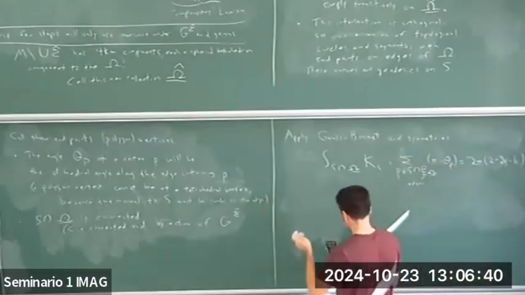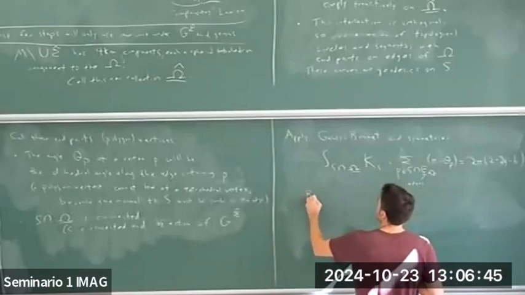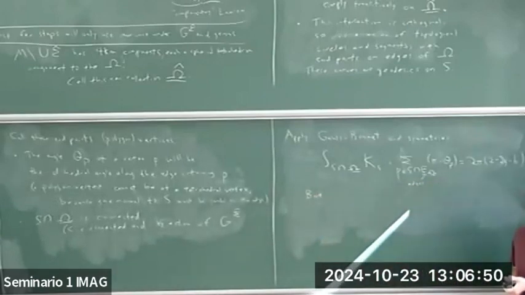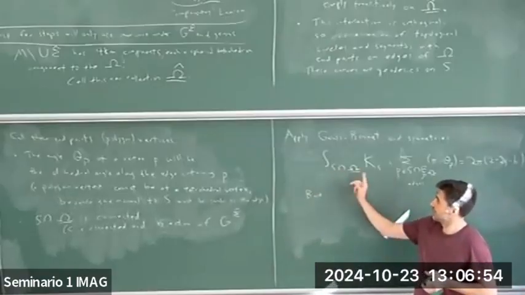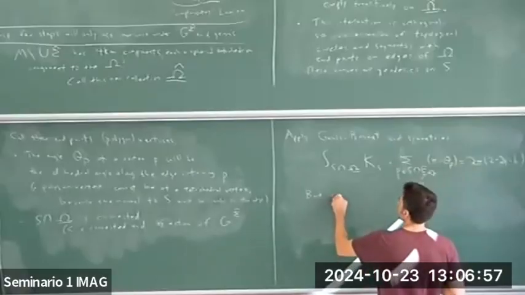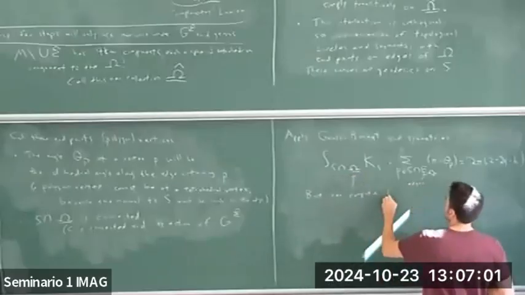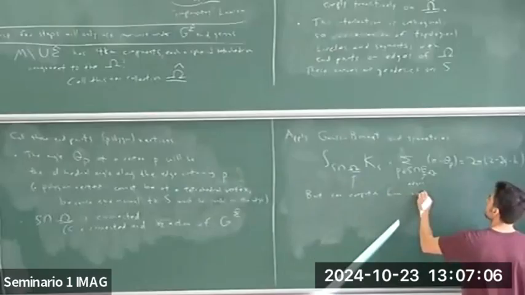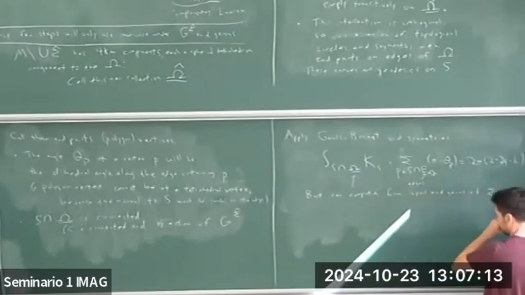Okay, but we know we can apply Gauss-Bonnet globally also. We have the symmetries, so we can compute this. We have the genus. Okay.